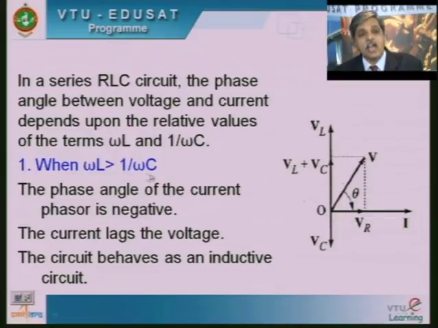Because omega L is larger than 1 by omega C, the voltage VL will be larger than VC. That is what I have represented here, VL having a larger length and VC a shorter length.